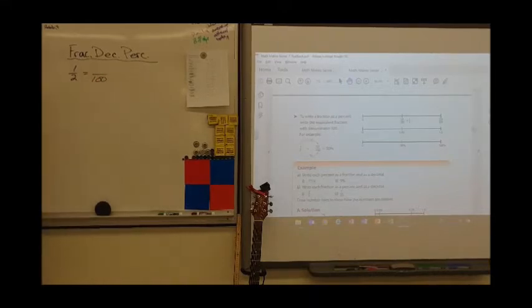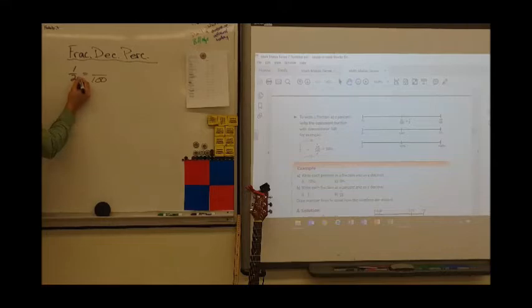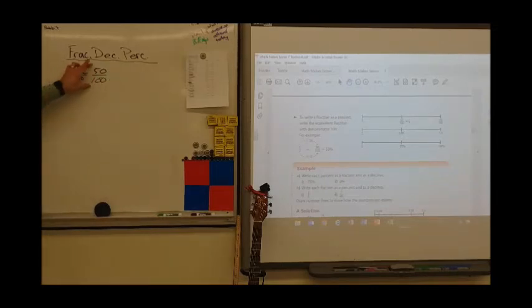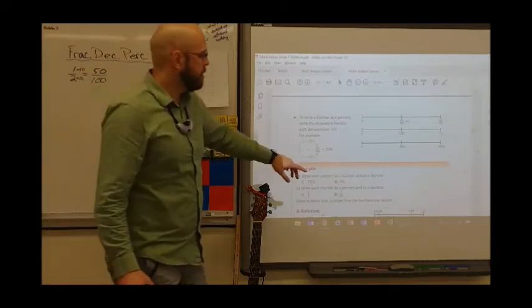And then you can see on the number lines here, that's what they've done. 50 over 100, or 1/2, equals decimal 0.5. This is like 50 hundredths, or 50%. If I got half right on my test, I got 50%.